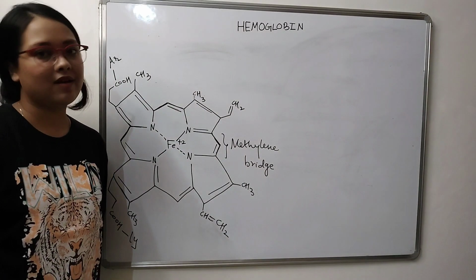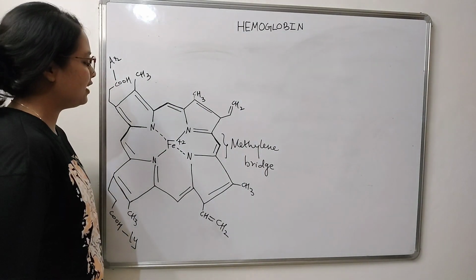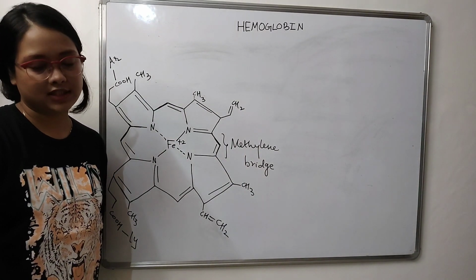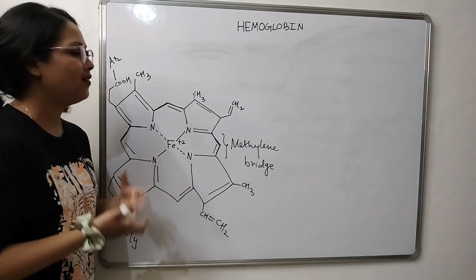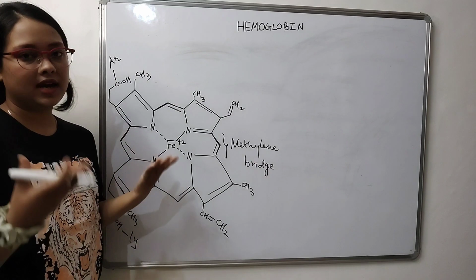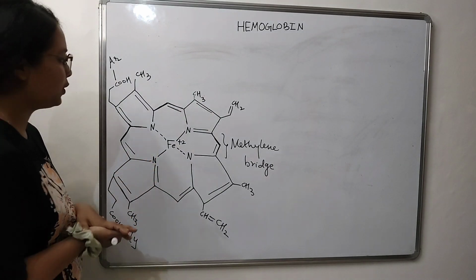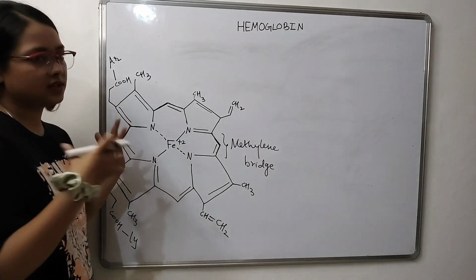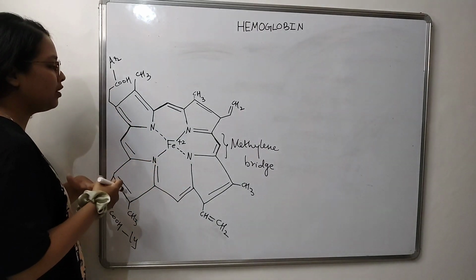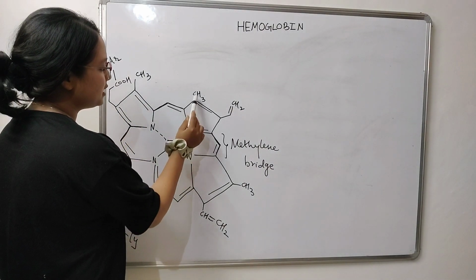Parts of it we have already discussed, right? We are going to mainly focus on the pyrrole system, the tetrapyrrole system that we have. In the center we have the ferrous cation or ion in the +2 oxidation state, and around it the tetrapyrrole system is present, which is the porphyrin, right? Pyrrole is basically this ring you can see over here.